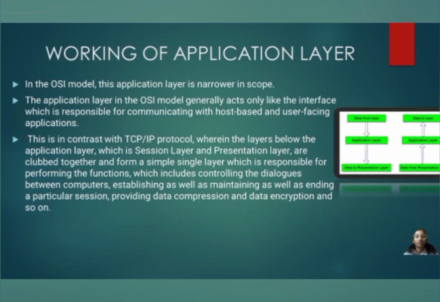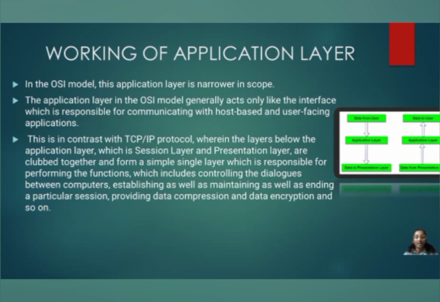Next, here is the working of the application layer. In the OSI model, this application layer is narrower in scope. The application layer in the OSI model generally acts only as the interface, which is responsible for communicating with host-based and user-facing applications.